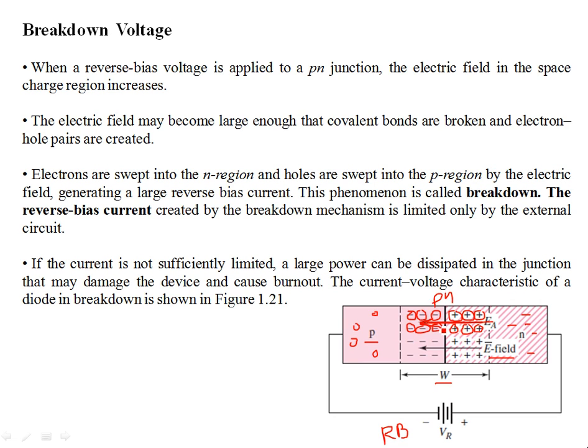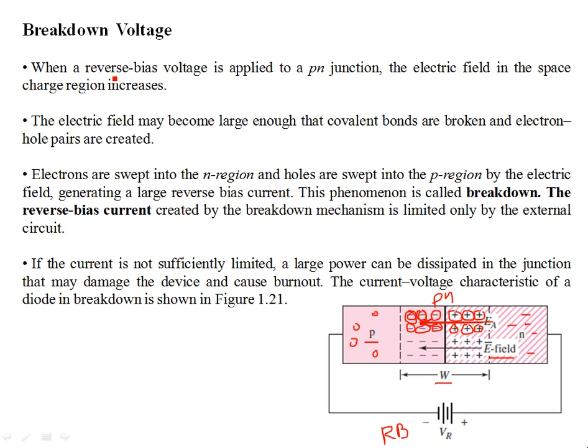The negative ions are going to repel, and the force established prevents holes from diffusing across the junction from the P region to the N region and electrons from the N region to the P region. This is the story of the reverse bias PN junction diode.